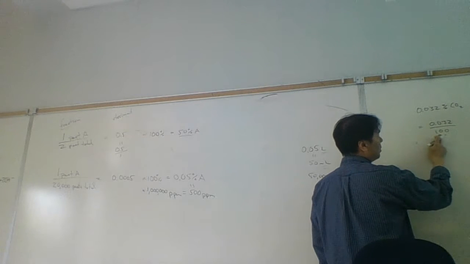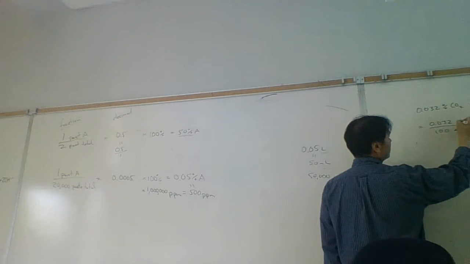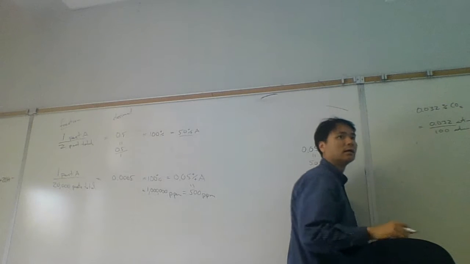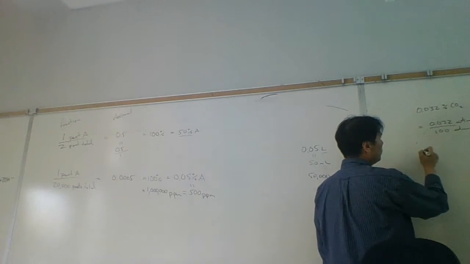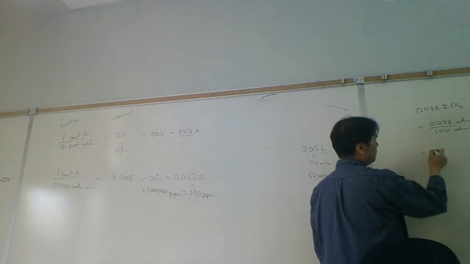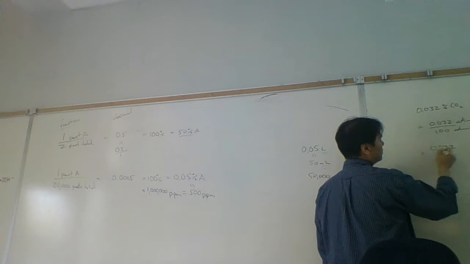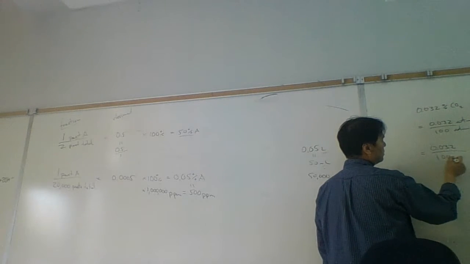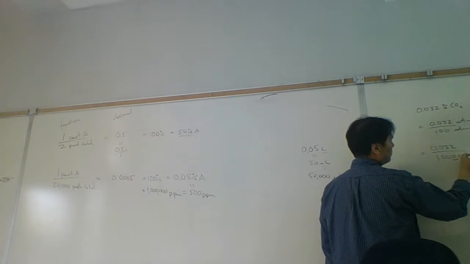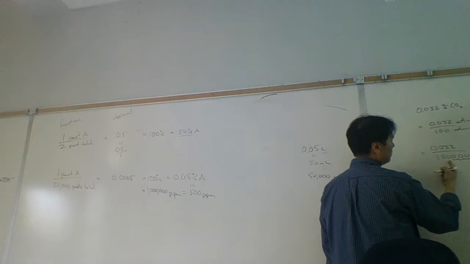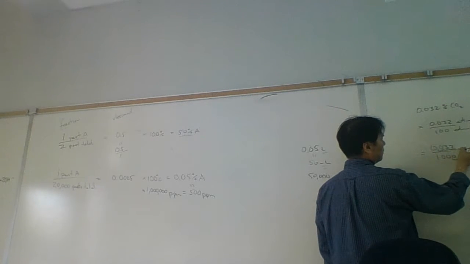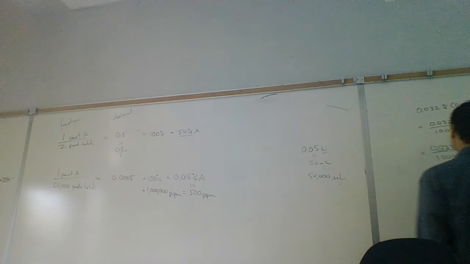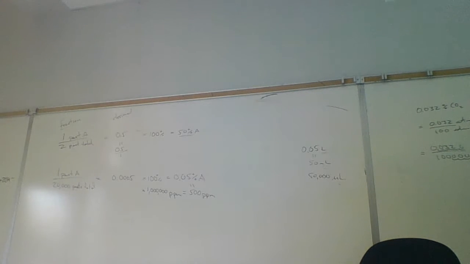So for every 100 parts, we'll have 0.032 parts. But what if we did this in parts per million? Then we'll just move the decimal over. This is 0.032 out of 100, so let's go to a million. How many more places do we need to get to a million? We'll move it 4 places over. And so this comes out to 320 parts per million CO2 in air.